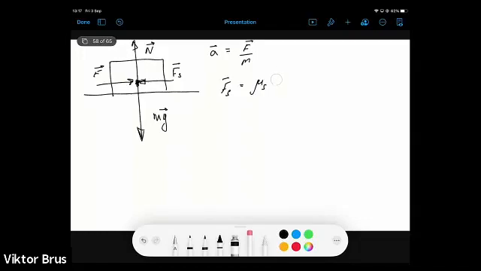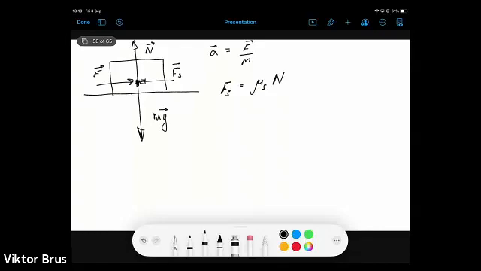the reaction of the surface. Here we don't need vectors because it doesn't define the orientation. The orientation is defined by the applied force to the body, and it will be opposite to the applied force, and the magnitude will be defined by the product of the static friction coefficient and the reaction of the surface.